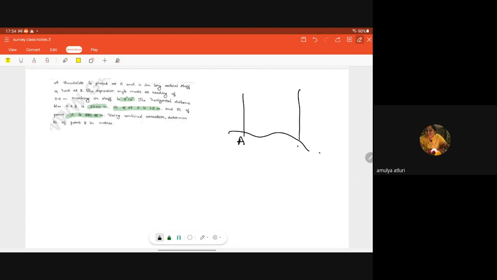It is given 2 points A and B. The theodolite is placed at A and a long staff of 3 meters is held at B. And it is given that the angle made at the 2.5 marking is 6 degrees 10 minutes. So this is 2.5 meters.